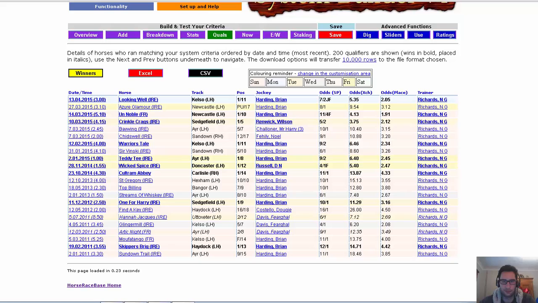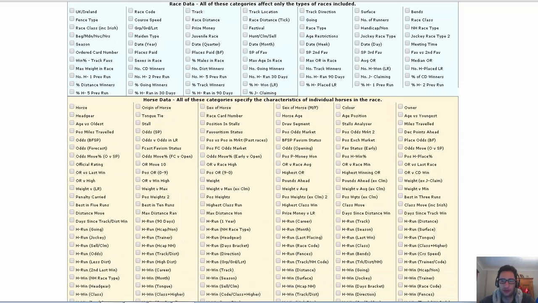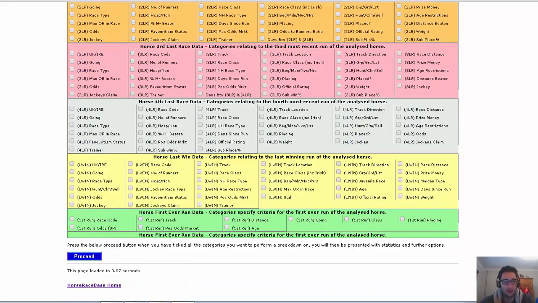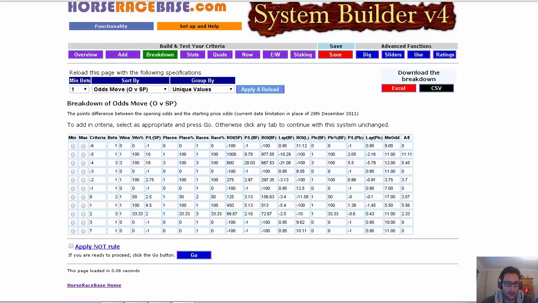I should think we can always break down, and you can look at the odds moves. You can see how the odds moved against the market. So the opening versus SP here, that's the opening odds 10-15 minutes before the race starts, versus their SPs. You can see how much the price has moved, and the plus figures if they've shortened, so the points difference between the opening odds and the starting price.